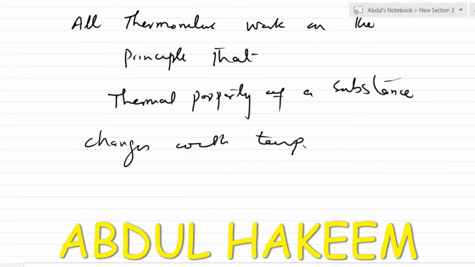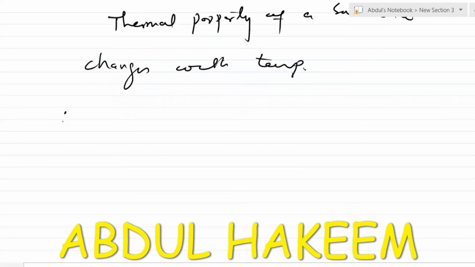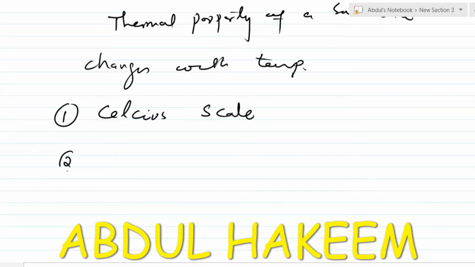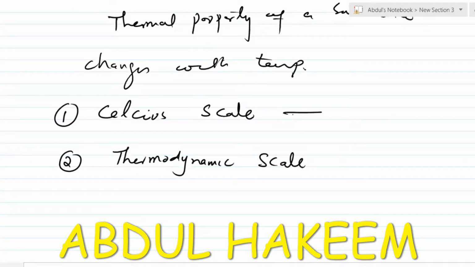Now, there are many units, there are many scales for the measurement of temperature. Number one is called Celsius scale to measure the temperature. Number two is thermodynamic scale. This Celsius scale is measured in degrees Celsius, and the thermodynamic scale is measured in Kelvin.